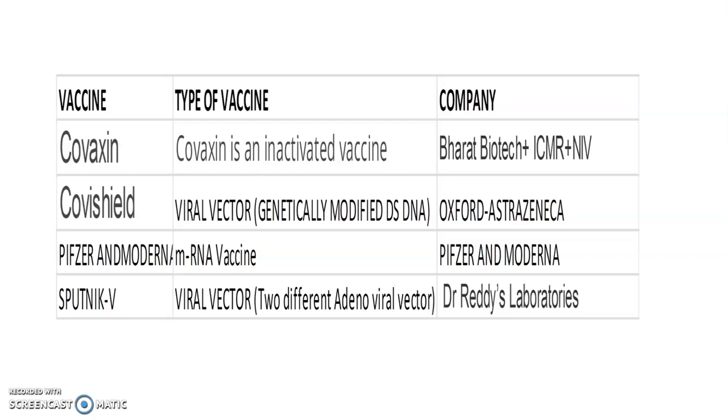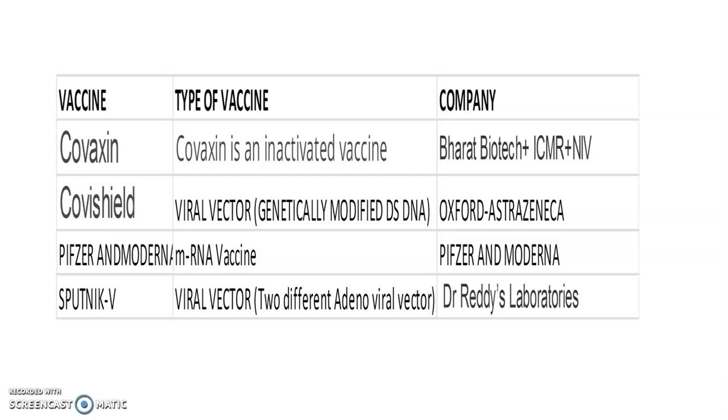Minus 70 degrees Celsius is required, because mRNA is used, and we all know that mRNA is less stable, whereas the DNA form is highly stable. So for mRNA, minus 70 degrees Celsius is required for storage. That is the major drawback of the Pfizer and Moderna vaccines.